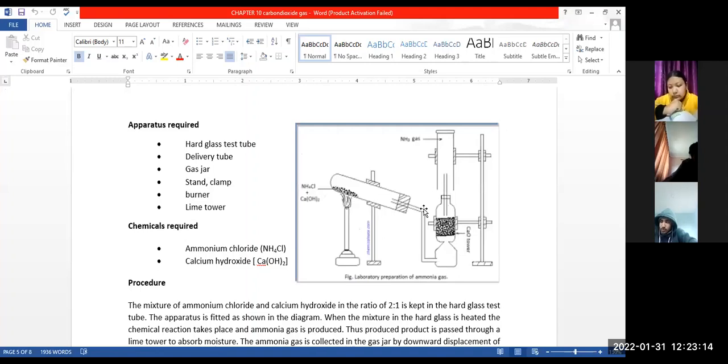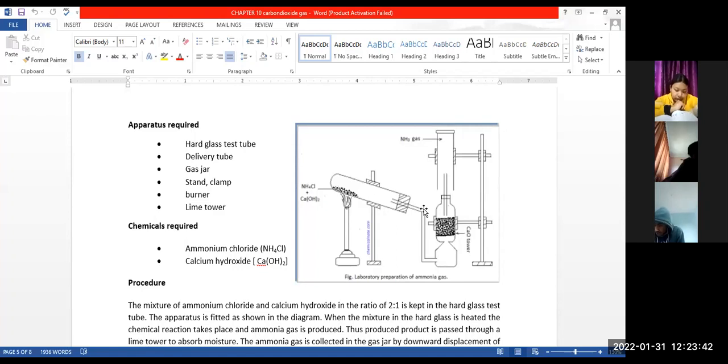Hard glass test tube को मुखतिर अलिकति स्लोप बनाएर राखिएको छ र hard glass test tube मा हिटिङ गरिएको छ र hard glass test tube बाट delivery tube is passed to the lime tower. Lime tower मा एउटा ट्युब पठाइएको छ, that is called delivery tube. And in lime tower, calcium oxide is contained there. It is the tower containing the lime. Lime is calcium oxide. And another tube is passed from the lime tower to the gas jar.